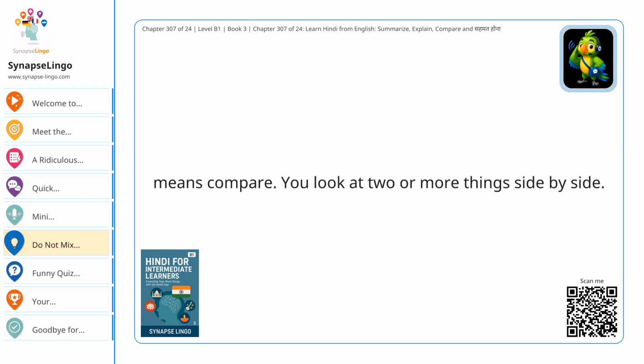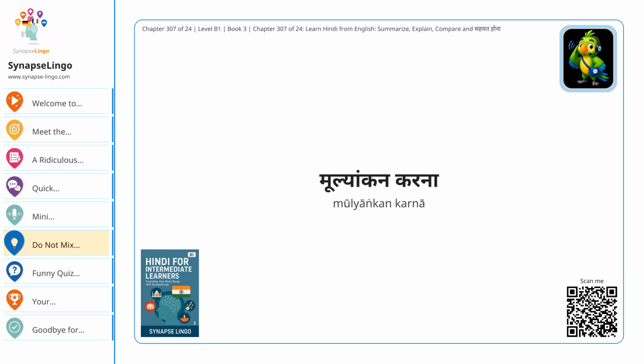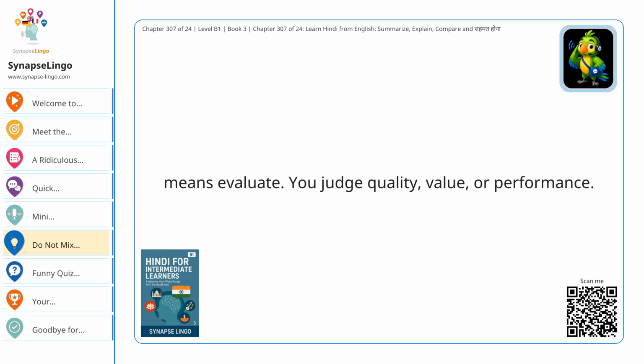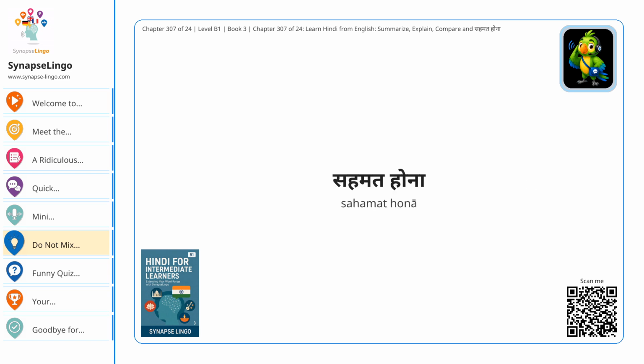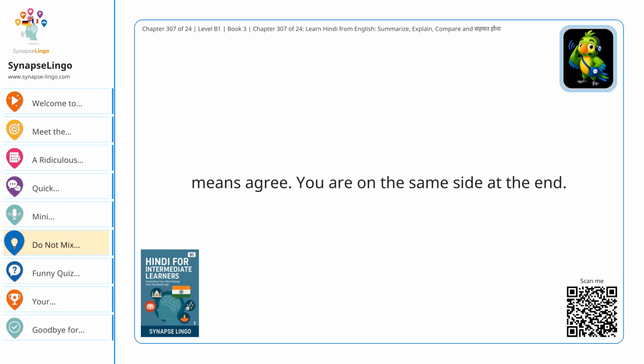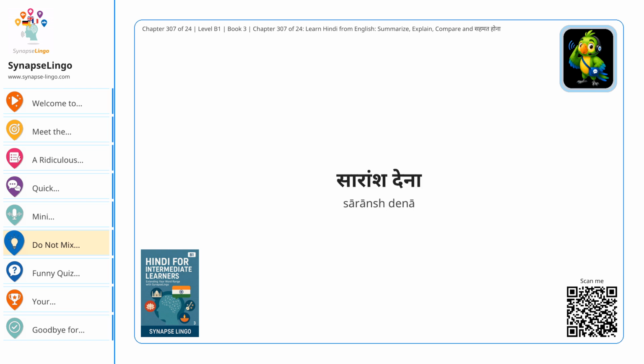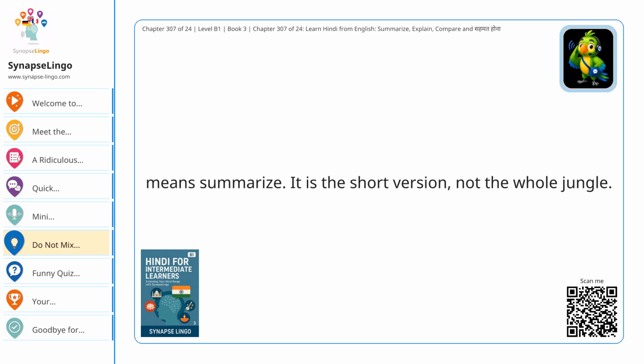You look at two or more things side by side. मूल्यांकन करना means evaluate. You judge quality, value, or performance. मनाना means convince. You try to change someone's mind. सहमत होना means agree. You are on the same side at the end. And सारांश देना means summarize. It is the short version, not the whole jungle.